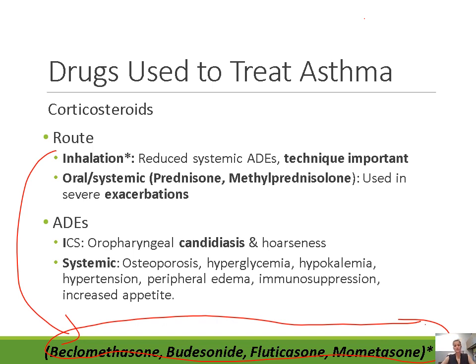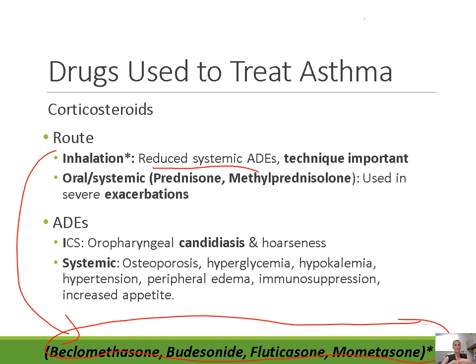The reason we give the corticosteroids via the inhalation route is because it greatly reduces systemic adverse drug effects. Long-term oral corticosteroids cause a lot of pretty serious adverse drug effects. So we really try and avoid long courses of corticosteroids by mouth. When we give them via inhalation, we avoid a lot of that.